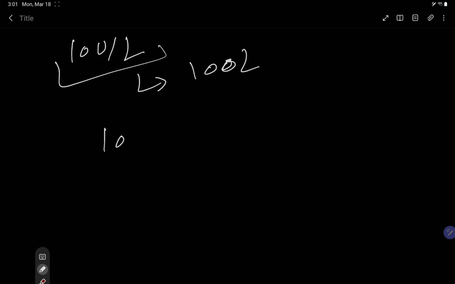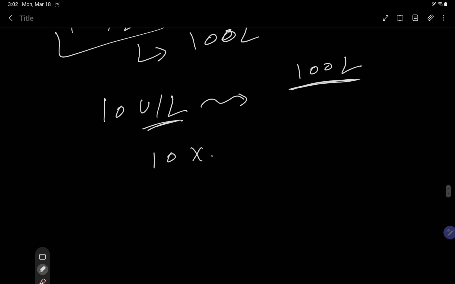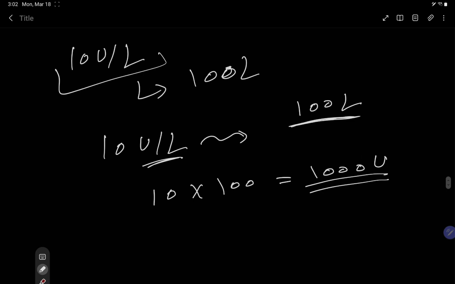Since I want it to end up as 10 units per liter, and I know that the dose I give will be distributed into virtually 100 liters, I will give him 10 times 100. I need to give him 1000 units, because I need to get the concentration right in plasma, and I know a lot of this drug will escape out from the plasma, so I need to take that into my measure.